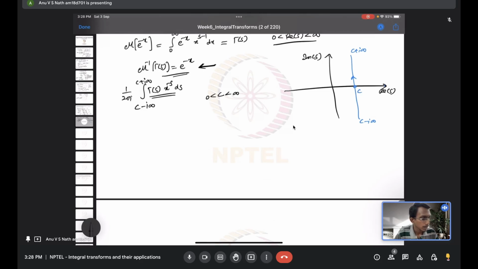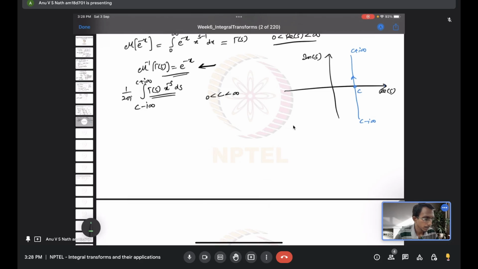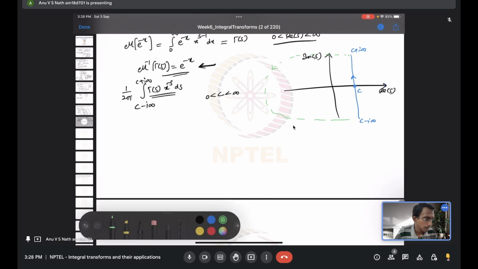First of all, this integral is actually a complex integral. To perform it, we always use the trick of closing the contour on the left side and making a contour like this.